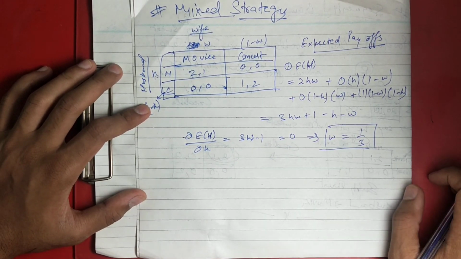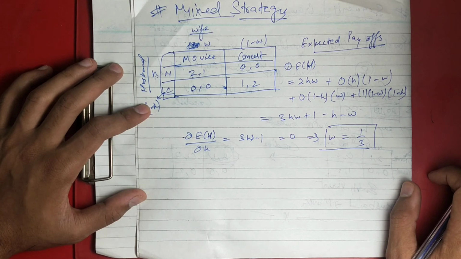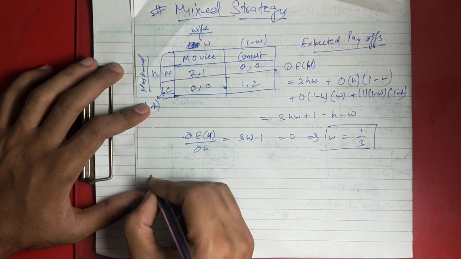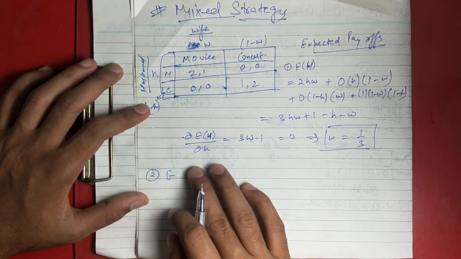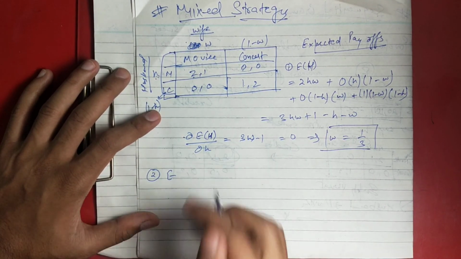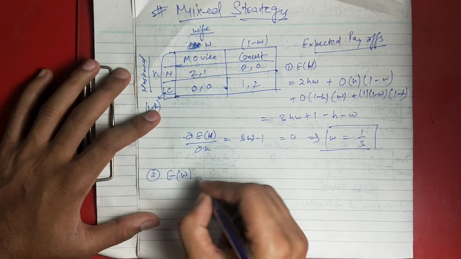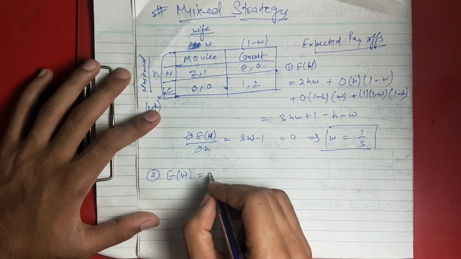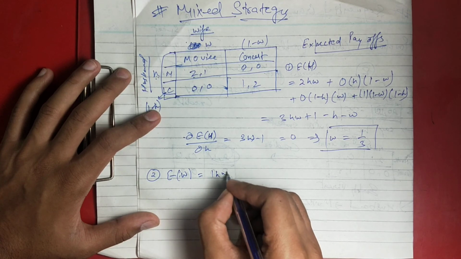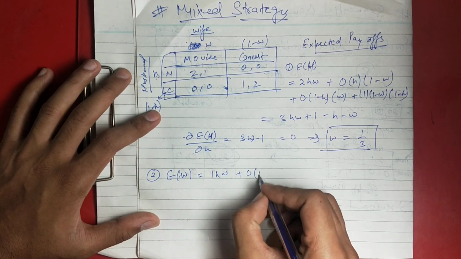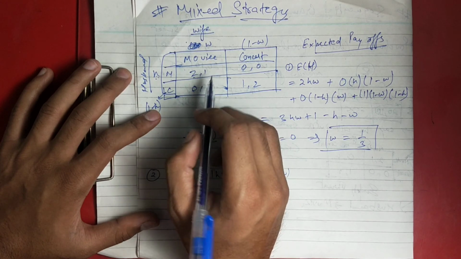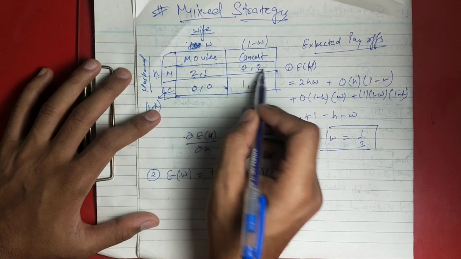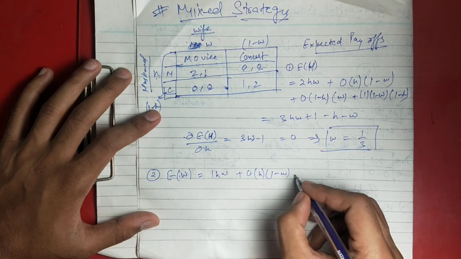Okay, so similarly, you have to calculate for the wife now. I will give the conclusion at last; first we do the calculation part. So the expectation of the wife. This will be the same, 1 into H. I am writing quickly because you know now what we have to do. For the wife we have to see the second element, and the other things remain the same.